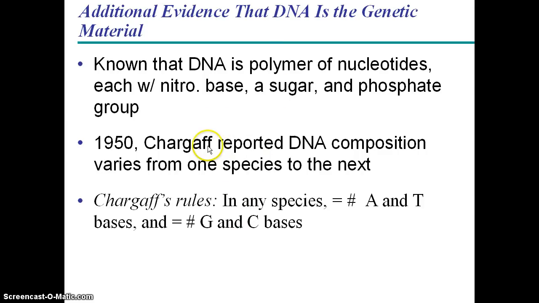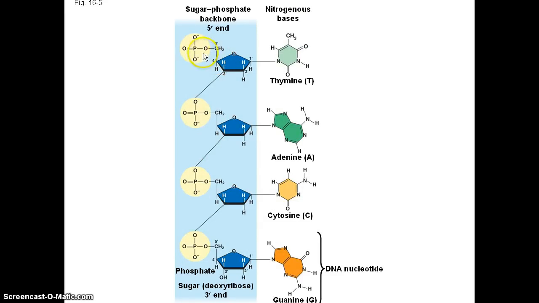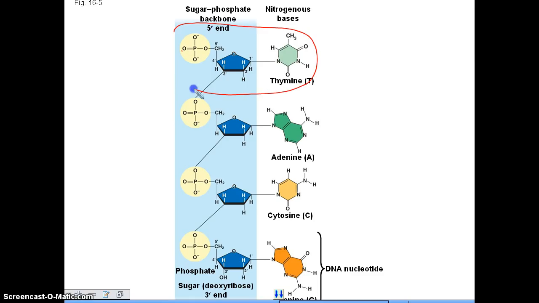What we know today is that DNA is a polymer made of monomers. The monomer of DNA is what's called the nucleotide, and a particular nucleotide contains three parts. There is the phosphate group, the 5-carbon sugar, with carbon 1, carbon 2, carbon 3, carbon 4, and carbon 5, and then this nitrogenous base.